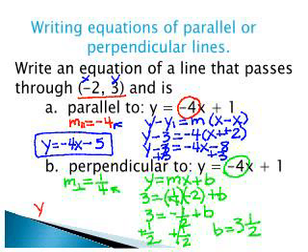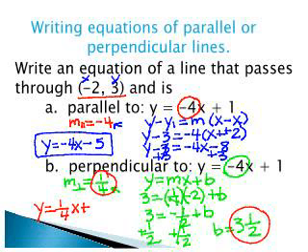So we're going to write y is equal to the slope of our new line, 1/4, x plus the b from our new line, which is 3 1/2. And that is an equation of a line that is perpendicular to y equals negative 4x plus 1 and passes through negative 2, 3.